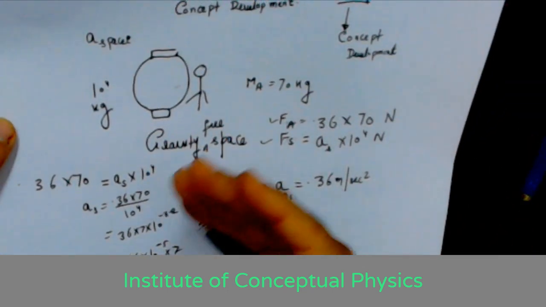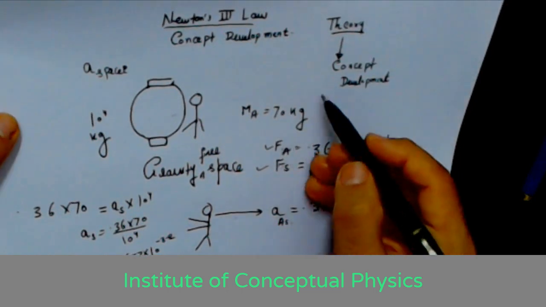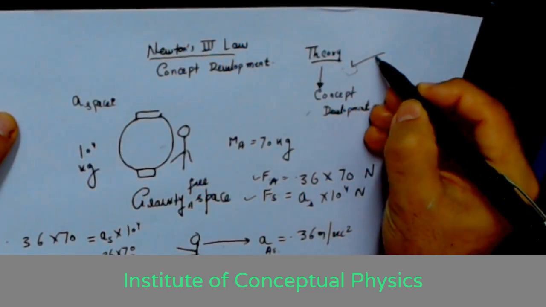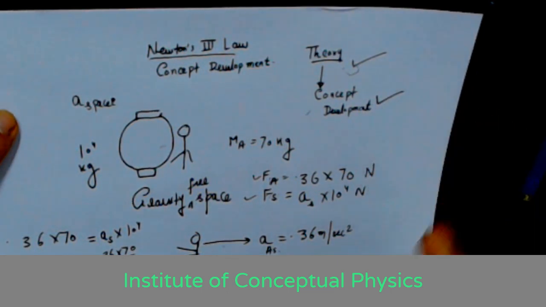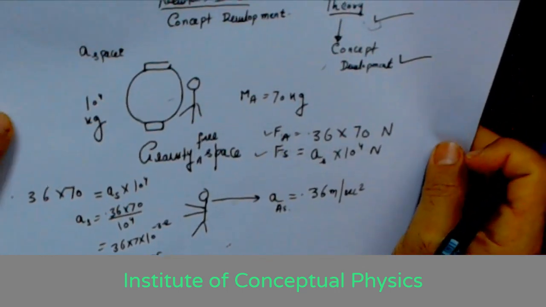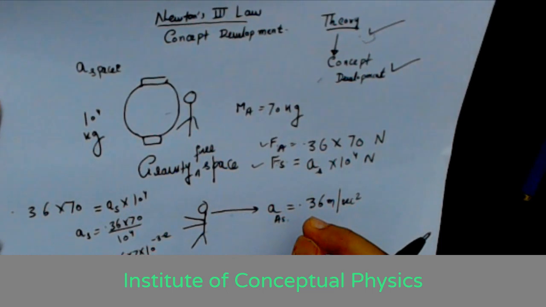Obviously, this gets more and more complex as you progress. But one of the very important steps, after you have done the theory, which you must do in detail, the second step has to be concept development. Do small numericals pertaining to the concept, and understand each law in detail before you venture into some complicated numericals.